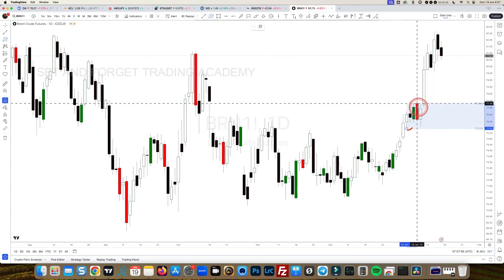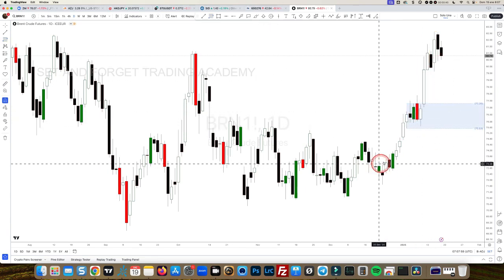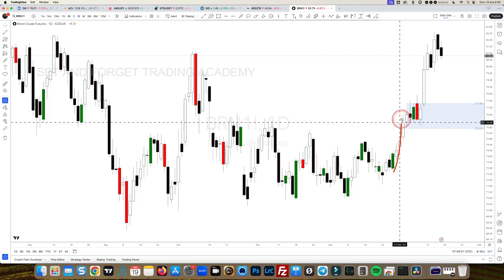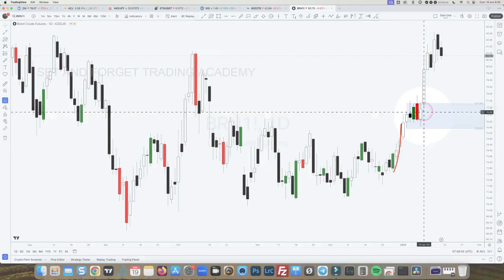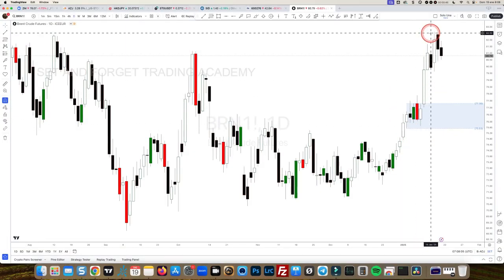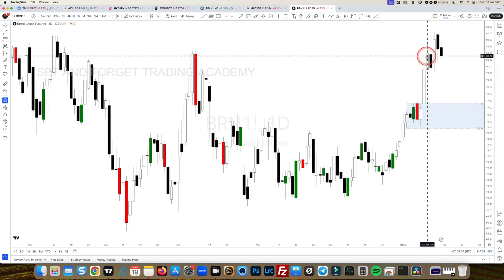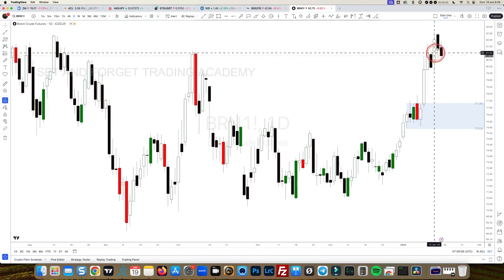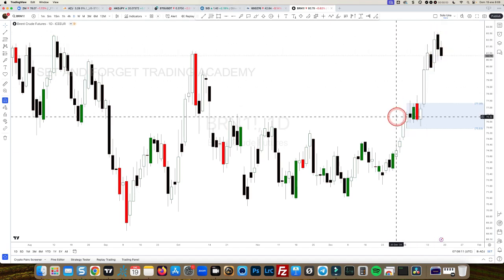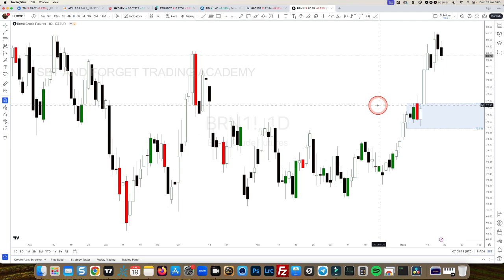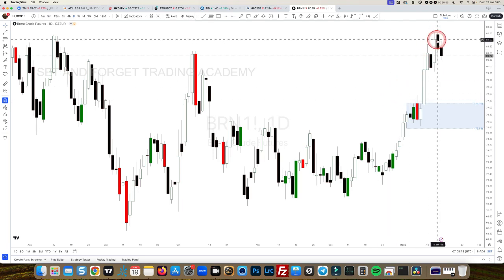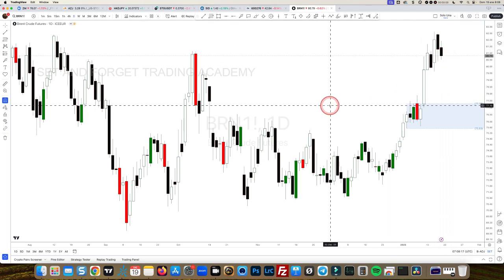So here we've got the CP, okay? Legging, basing structure, sideways, the leg out. Whereas here we've got a legging trying to base, but the leg out doesn't even happen. So we should have an alert set down there because price might drop down there and continue to rally.